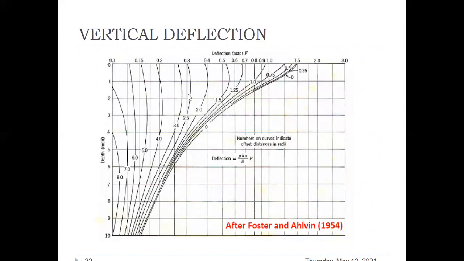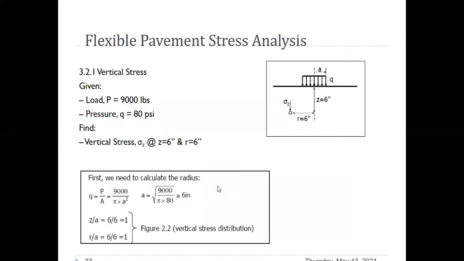Similarly, for vertical deflection, you can use this chart for calculating. So whatever is the value here, you input P, A, and actually you get this F value. Once you get the F value, you always know your tire pressure, you always know the contact radius, and you know the elasticity modulus, so you can calculate the deflection. So let's see how to do it.